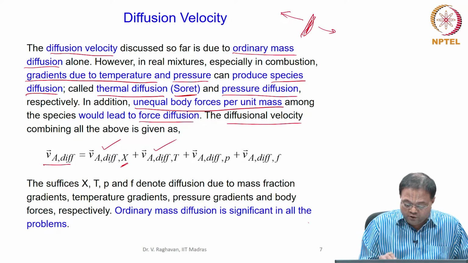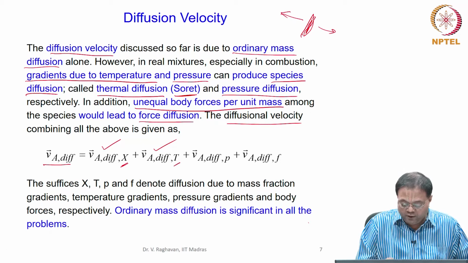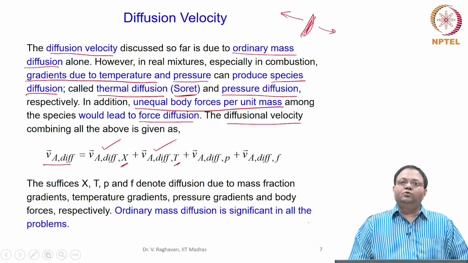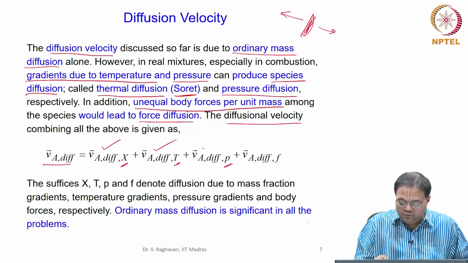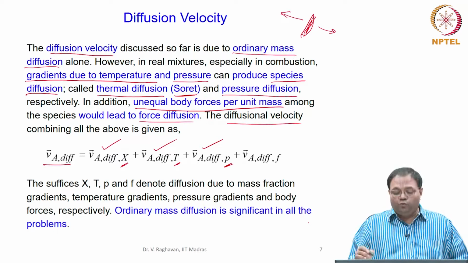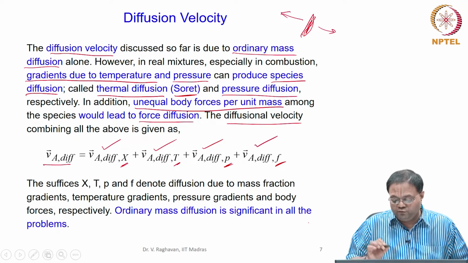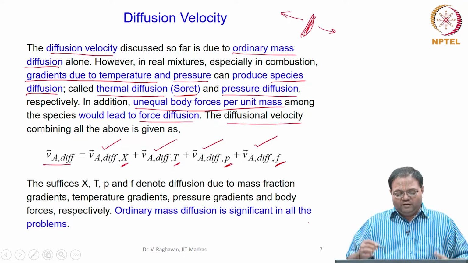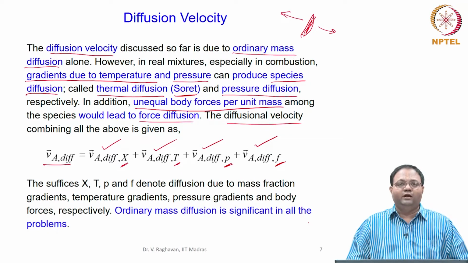Similarly, the diffusion velocity due to the Soret effect, or thermal diffusion, where I put a T in the suffix to represent that it is due to temperature gradient. Similarly, the diffusion velocity due to pressure gradient, where I put P here. Similarly, due to unequal body forces, we can have a diffusion velocity. Okay. In several scenarios, the last two terms will be very low, and you can neglect them.